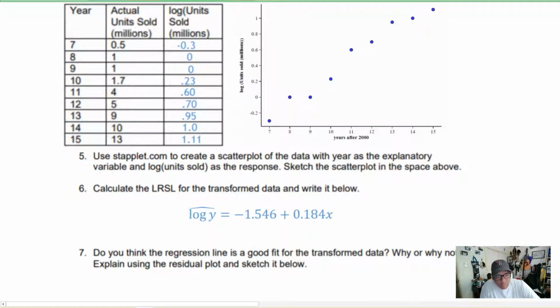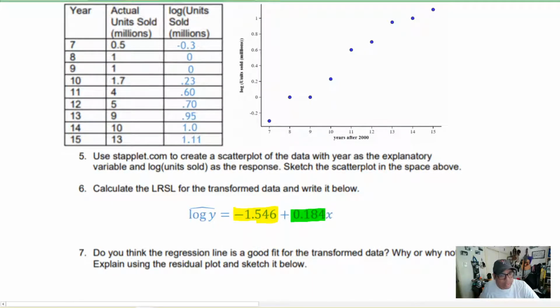So what we get is predicted log of y is going to be equal to negative 1.546 plus 0.184x. Remember a couple of things here. This is not the a and b in the exponential model.